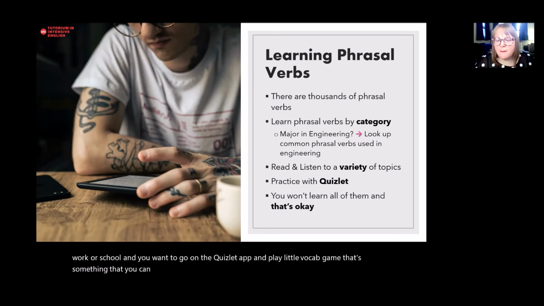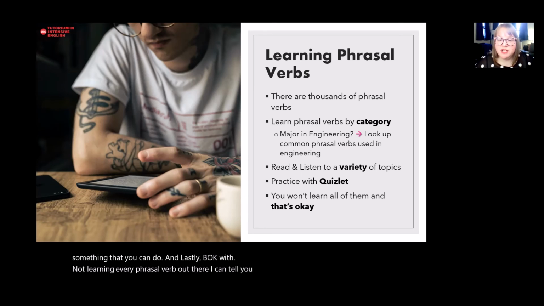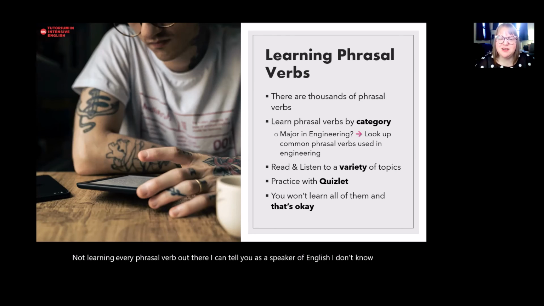And lastly, be okay with not learning every phrasal verb out there. I can tell you as a speaker of English, I don't know every word that exists in this language. Similarly, you probably do not know every word in your own language. There's so much vocabulary in each language, and that's okay.